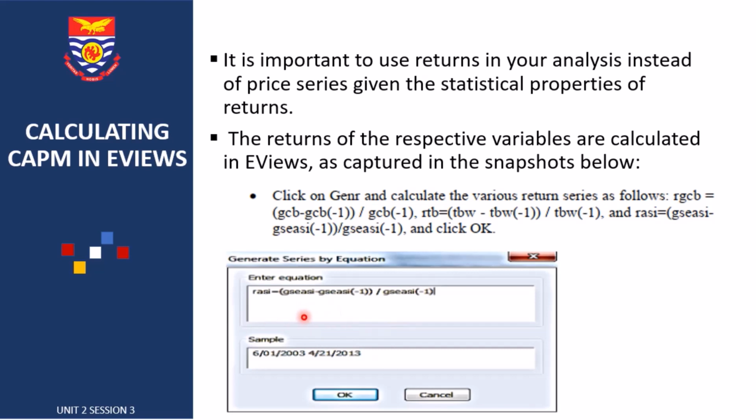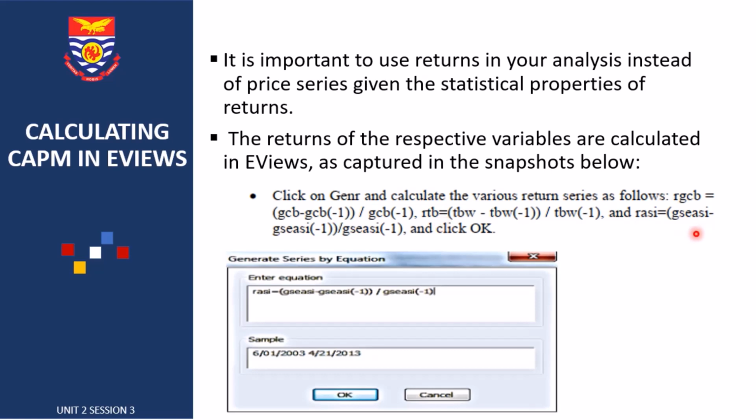You can see that our return series, for instance that of Ghana Commercial Bank, is going to be the current price of the GCB minus the previous price of the GCB, all over the previous price. The same thing will be applied to the price series of the treasury bill or treasury bond, that is the government treasury bill, which in the regression measures the risk-free rate of the market.